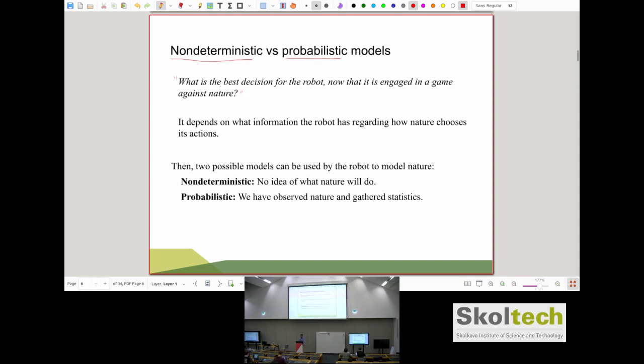The question is, what is the best decision for the robot now that it is engaged in a game with nature, right? Robot, decision maker, anything. So it could be you. Well, the first thing is that this answer depends on the information we have, right? It's not the same if you know how nature is modeled or how nature responds versus if you don't know anything, right? So that depends on the information that the robot has.